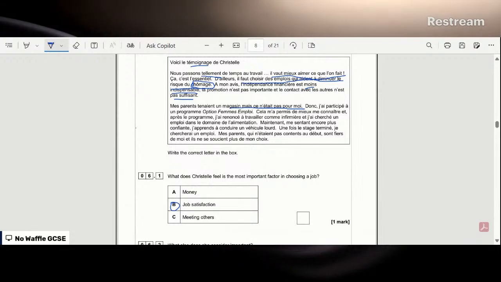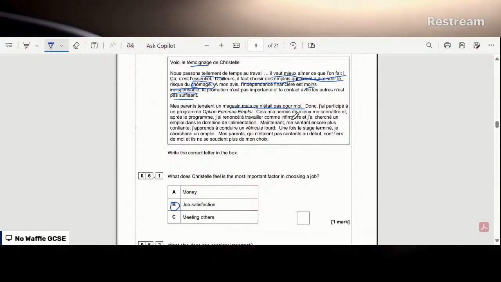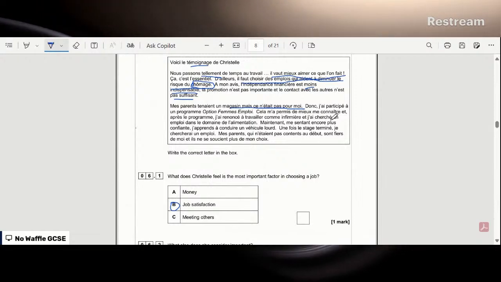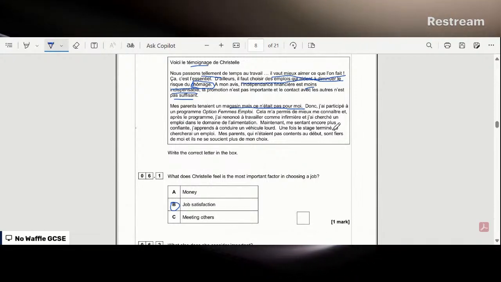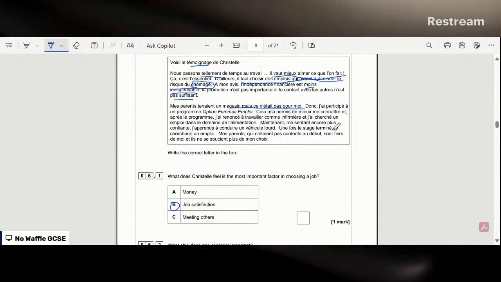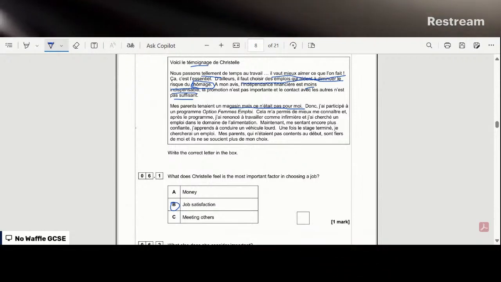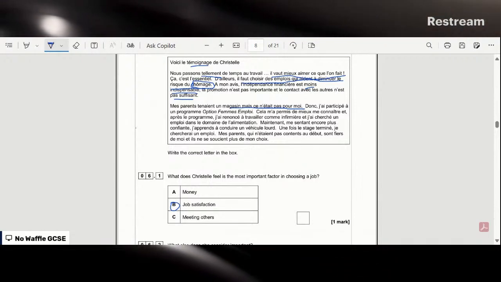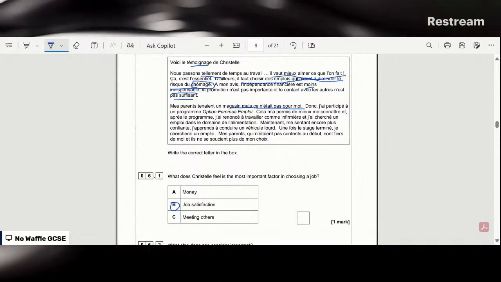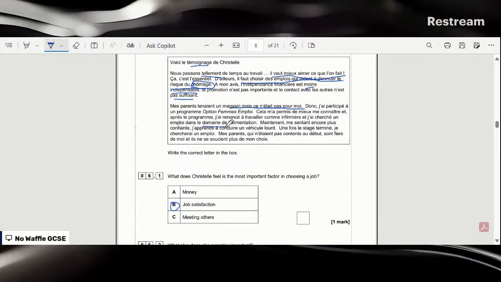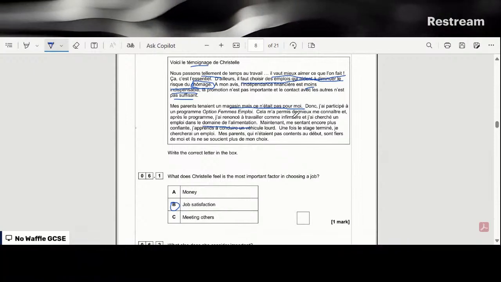So renoncer means she gave up working as a nurse. Et j'ai cherché un emploi dans le domaine de l'alimentation. So she was working in that sector, the food sector of that job.